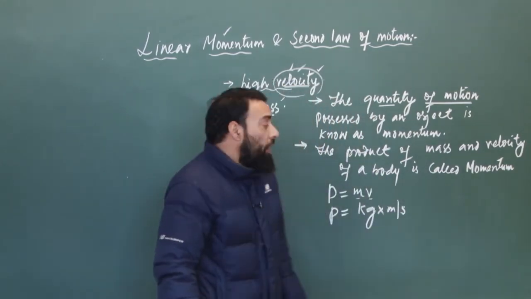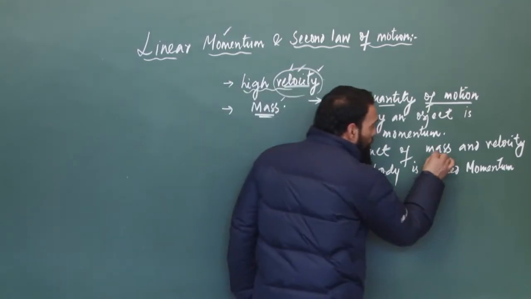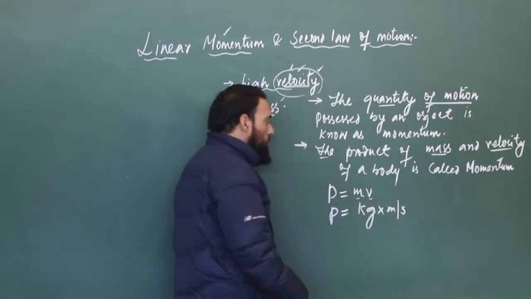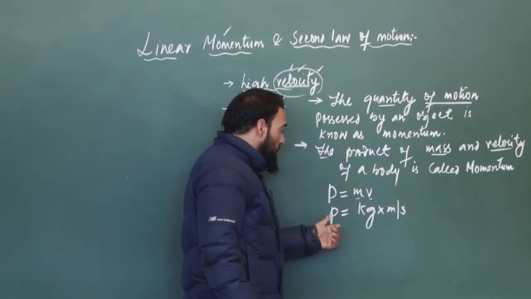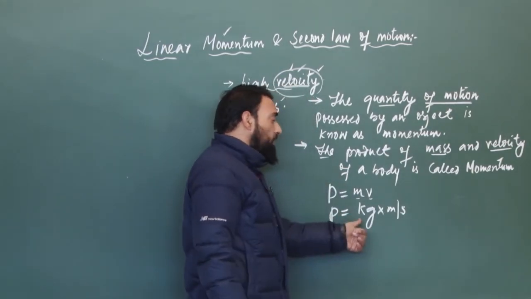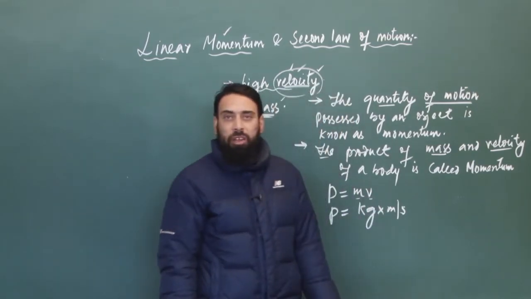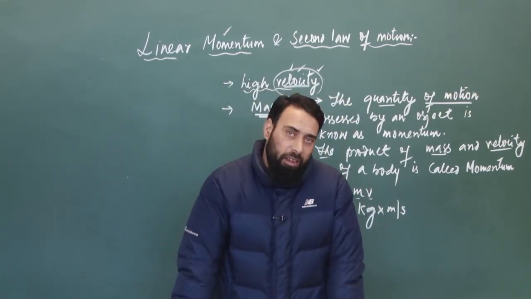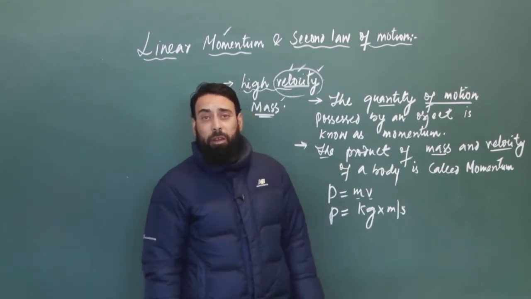So this is why we define it as the product of mass and velocity of the body. To find the units, we use that mass is measured in kgs and velocity is measured in meter per second, and we can say the momentum has SI unit kg meter per second.